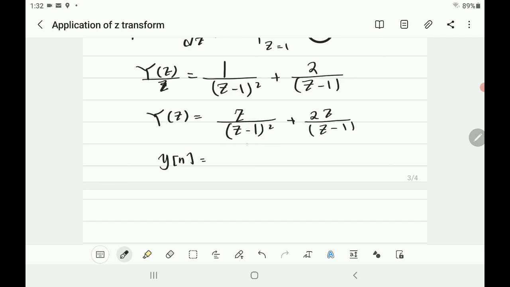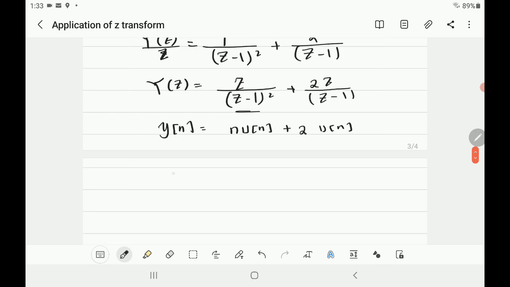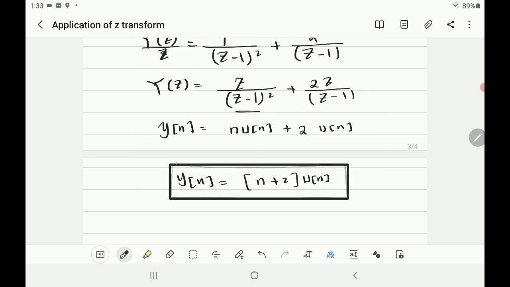If you look at the table, you find it's equal to the ramp, n u of n, and z over z minus 1 is the unit step. So the response y of n is equal to n plus 2, times u of n. So that's the response, and we answered the question.